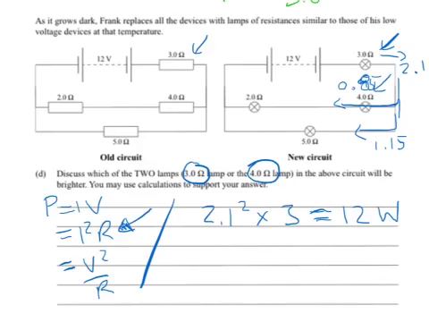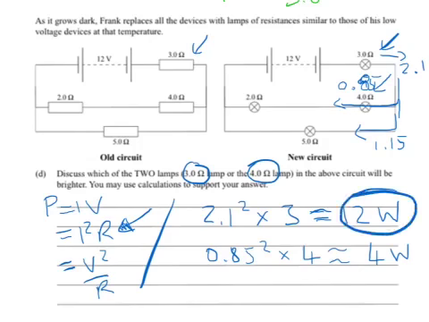For the 4 ohm one, you've got 0.85 squared times 4, which is much lower. Even if we round 0.85 up to 1, 1 times 4 is 4 watts, so it's going to be less than 4 watts. From this we can work out that the 3 ohm lamp is going to be brighter.